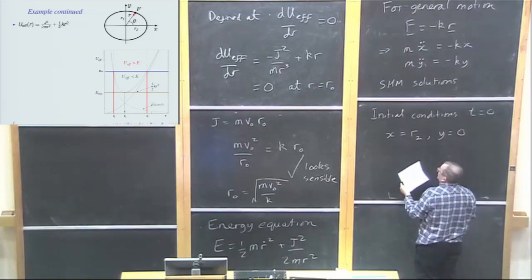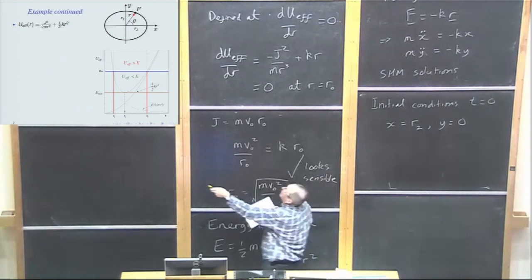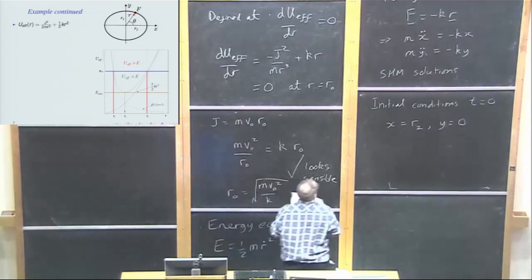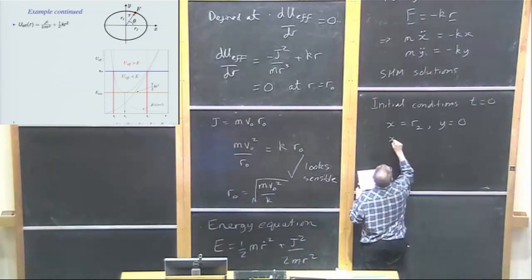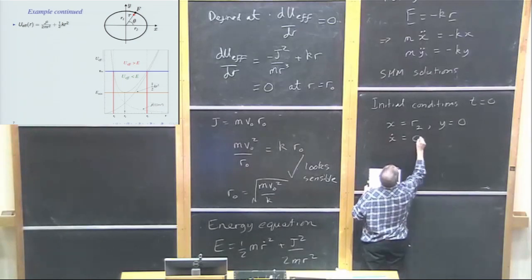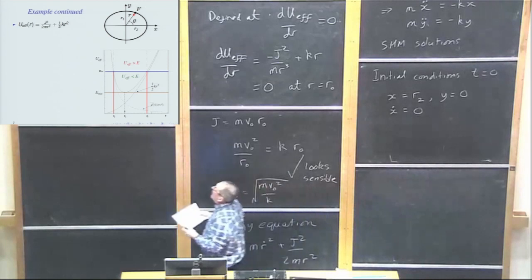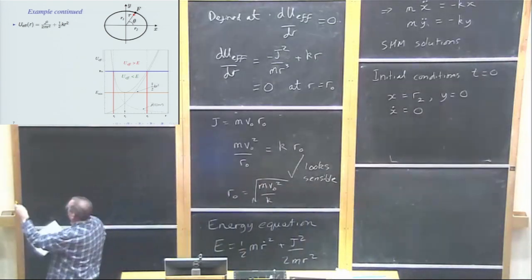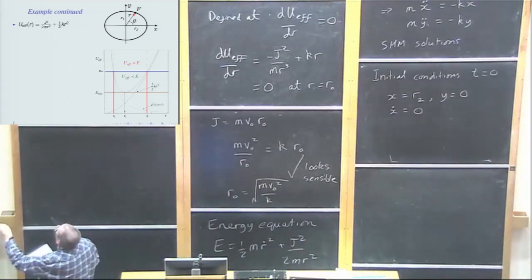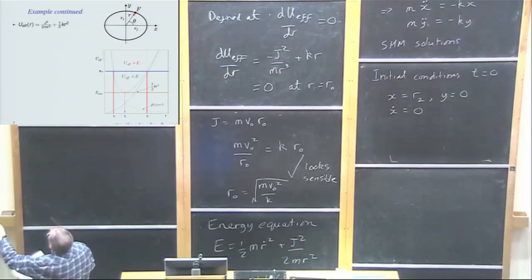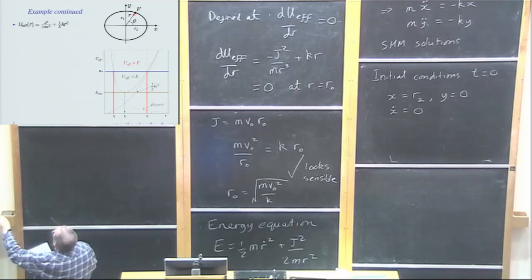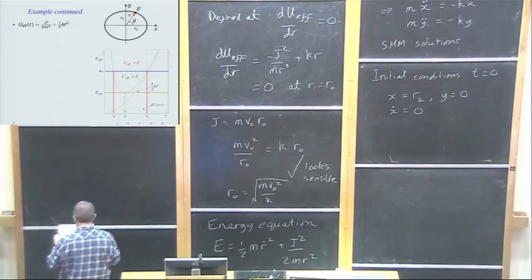And let's say we start it with no velocity in this direction, x dot equals 0. We'll actually need one other piece of information to nail everything. And that is that by the time the object has got around to here, we'll define this length as R1.